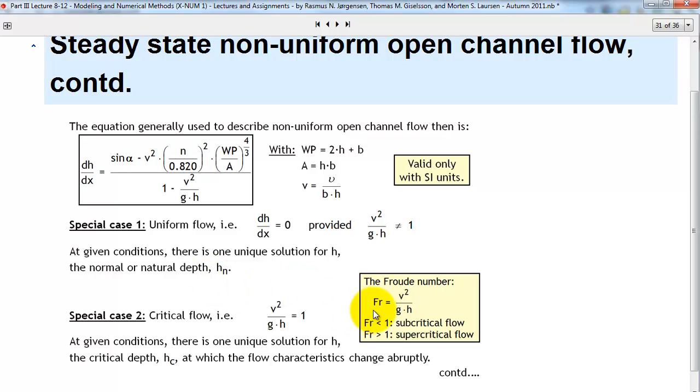But there is one situation where, for example, if we call this fraction the Froude number, and if that one is subcritical, you have subcritical flow when that is less than 1 here, and you have supercritical flow when it's higher than 1, and that's not a stable situation.